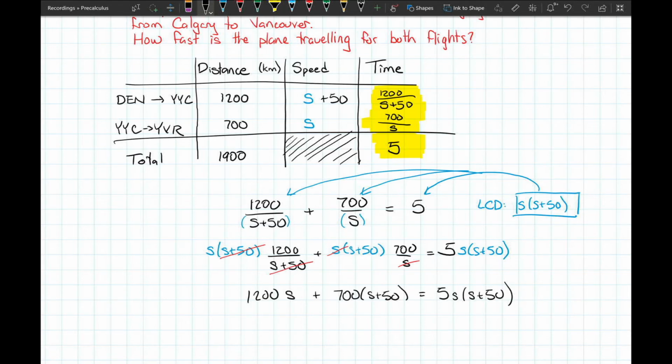Now, once you've gotten it to look more like a quadratic, make sure you get this into standard form. Try to get aS squared plus bS plus c equals 0, where S is going to be our variable. And you may try factoring that. If it doesn't factor, you can try the quadratic formula. This will be a good time, if you can, just to pause the video and try it out for yourself. And then I will jump to the solution here momentarily.